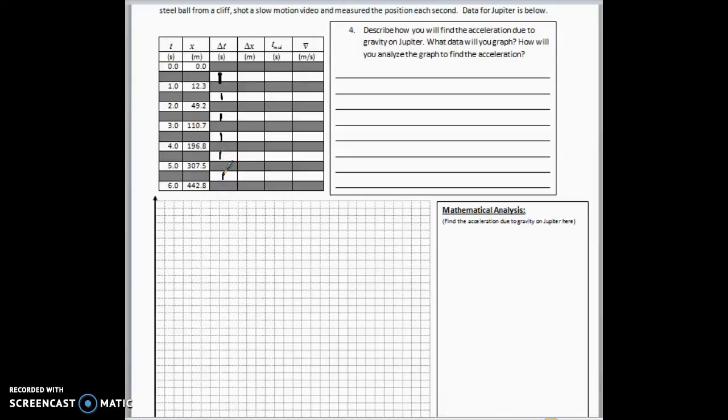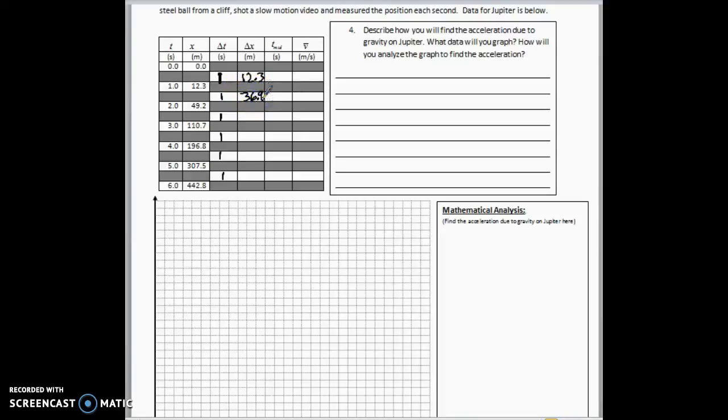The next column is for change in position, right? So the change in position between the first data point and the second one is 12.3 meters. Then after that, to find the change in position from 49.2 to 12.3, just have to do a little subtraction there. We get 36.9.